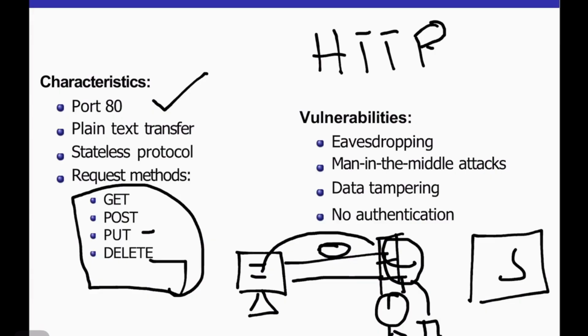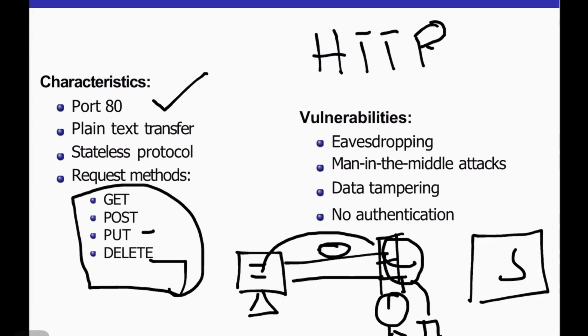So the man in the middle is different from eavesdropping. In eavesdropping you don't block the communication; you are standing somewhere, but you can get access to the information. But the man in the middle comes and impersonates the server. You think you are sending something to the server, not knowing you are sending it to someone who wants to hack you. So it's not safe. And you also have data tampering. If someone gets access to your information, he can tamper with everything you want to do.